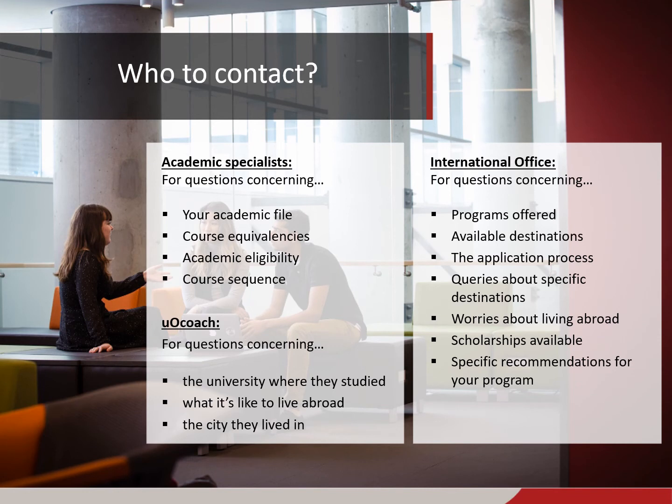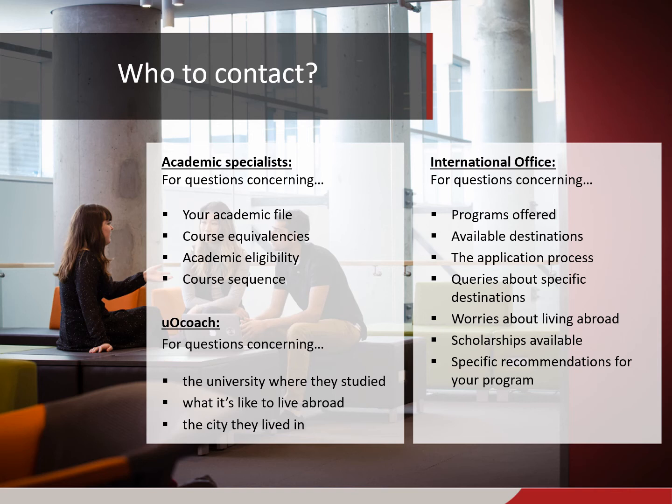Both your academic specialist and the staff at the International Office will be supporting you throughout the application process. They will be able to support you in different ways. Your academic specialist can help you with questions of academic nature concerning your academic file, course equivalencies, academic eligibility, and course sequence.